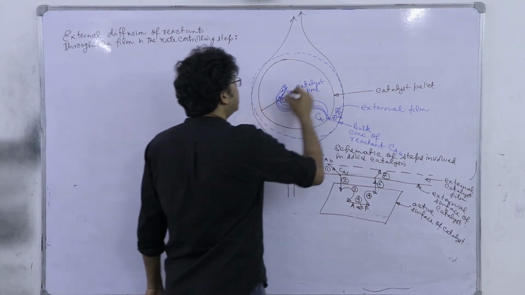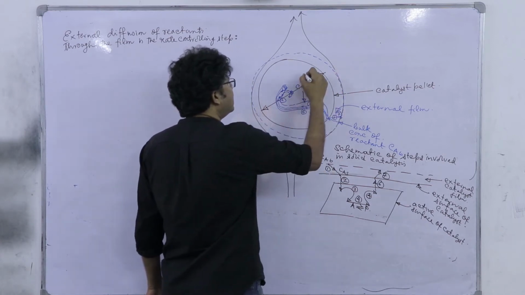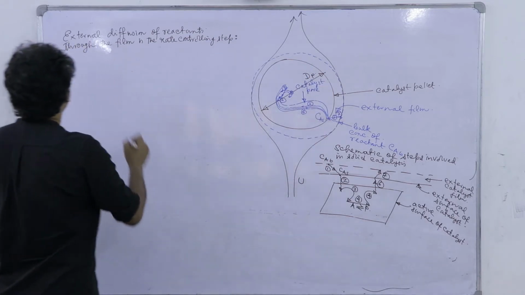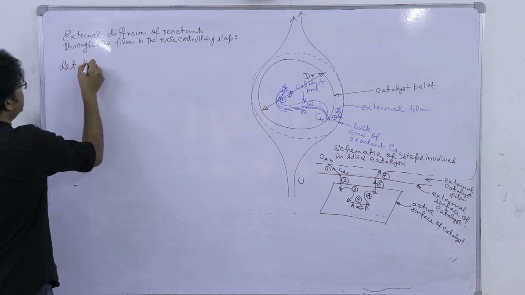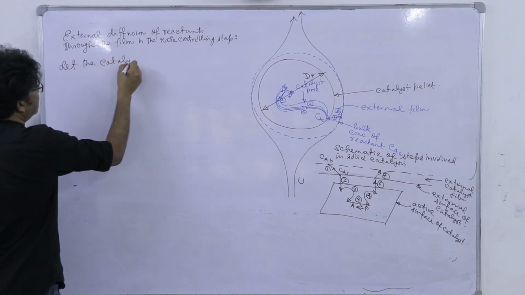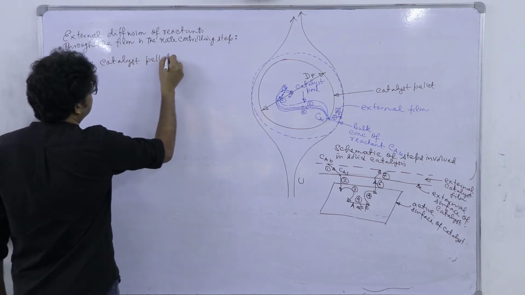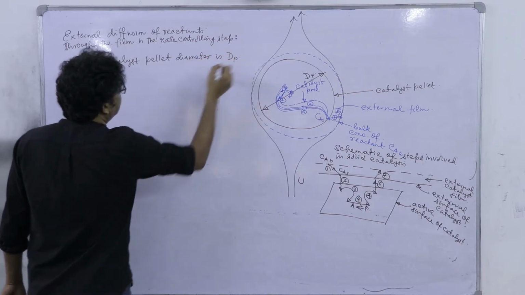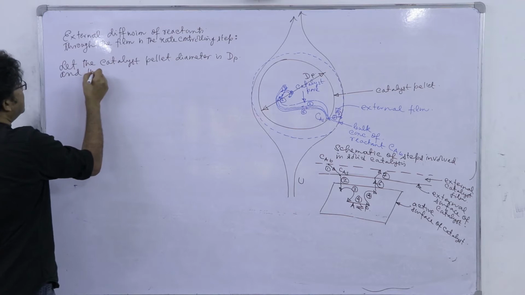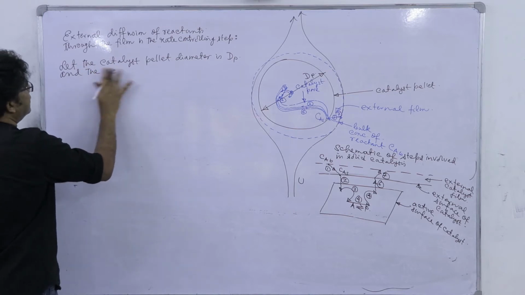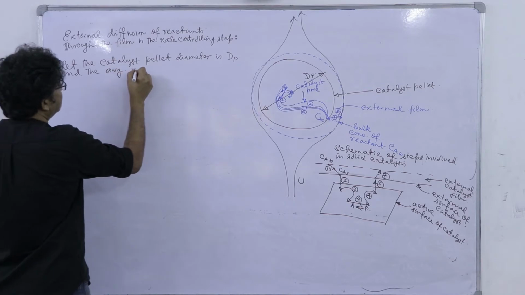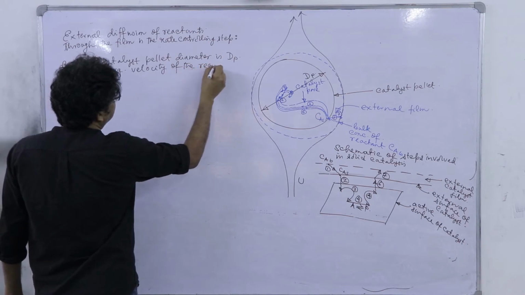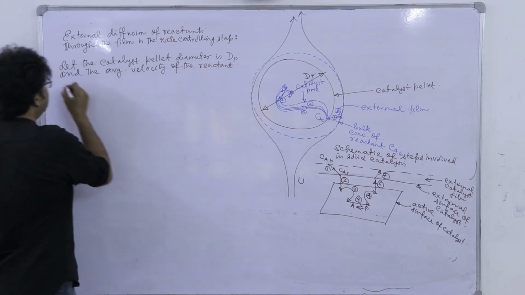So, let us say the diameter of the pellet is dP and the velocity is u. Let the catalyst pellet diameter be dP and the average velocity of the reactant be u.